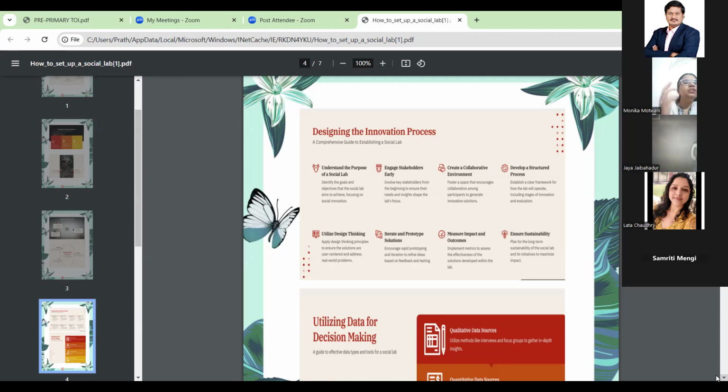What do we mean by the term prototype? We have to do both, iterate and prototype. Iterate is repeating again and again, and a prototype is an early model or sample of a product used to test concepts and processes before final production.